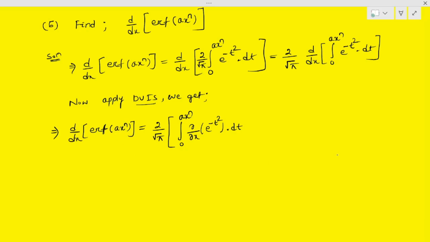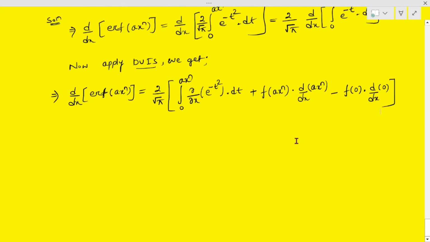Now what will the first term be? f of the upper limit, ax to the power n, into d by dx of the upper limit ax to the power n, minus f of the lower limit into the derivative of the lower limit with respect to x. So this will be equal to 2 by root pi.